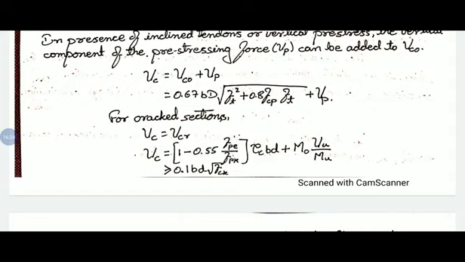In this equation, the term 1 minus 0.55 FPE by FPK into tau CBD is the additional shear that changes a flexural crack to a flexure shear crack. So this parameter will give additional shear such that when the crack develops due to flexure, it will be converted into a crack developed due to shear, flexural shear.